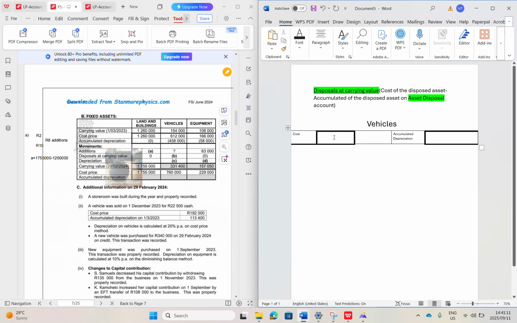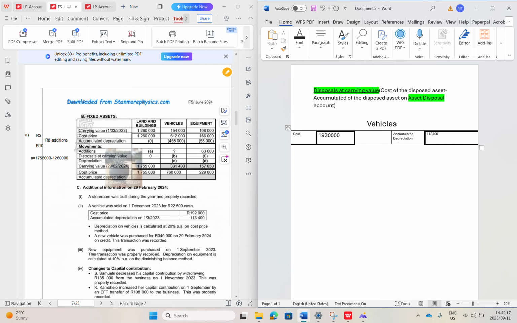It's not yet complete. Listen carefully. We must calculate the depreciation up to the date of sale. When was the date of sale? 1st of December.